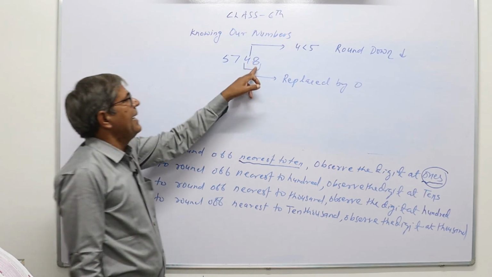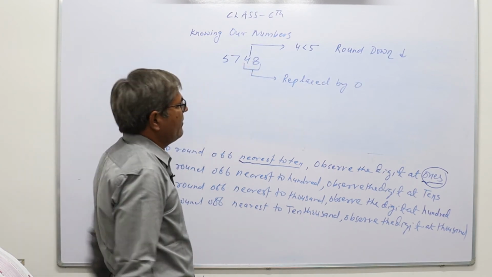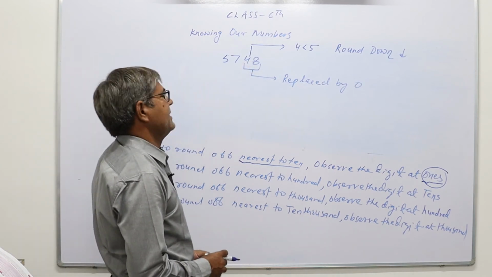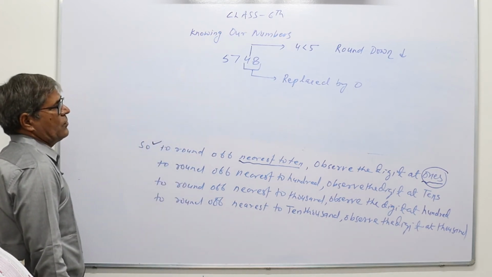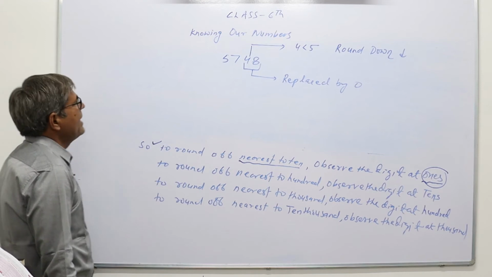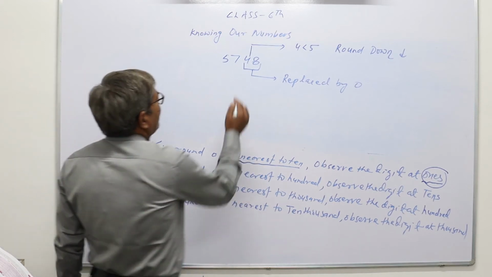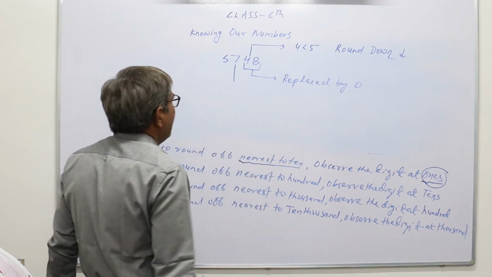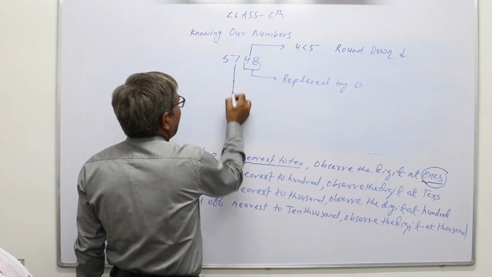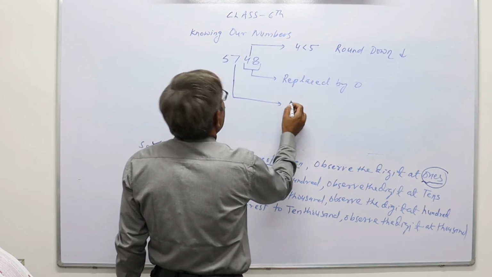So the ones and tens place digits will be replaced by 0, because to round off nearest to 100, the last two digits will be 0. And the hundreds place digit will be left unchanged.